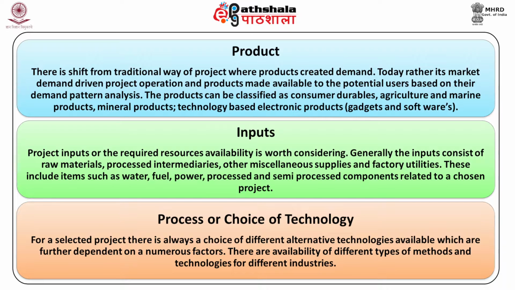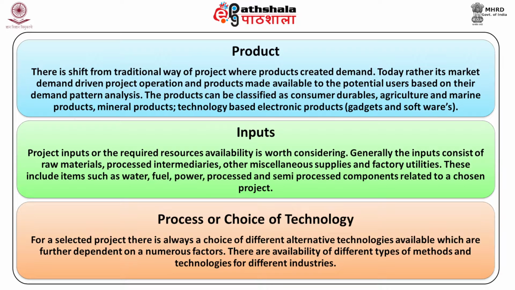These include items such as water, fuel, power, process and semi-processed components related to a chosen project. The potential availability at present, on a regular basis, and non-availability of different inputs in future is worth considering for the success of the project in the long run.